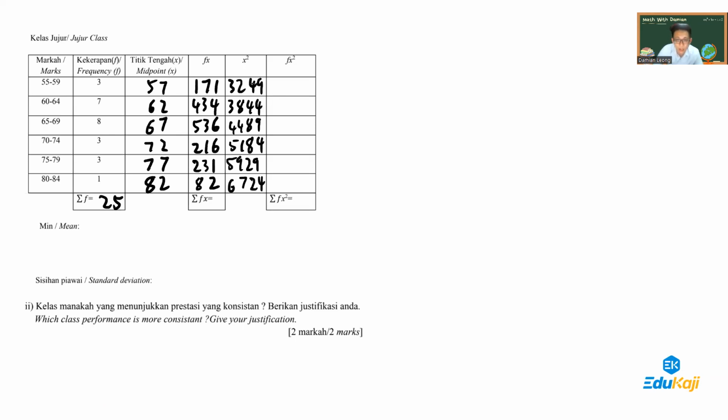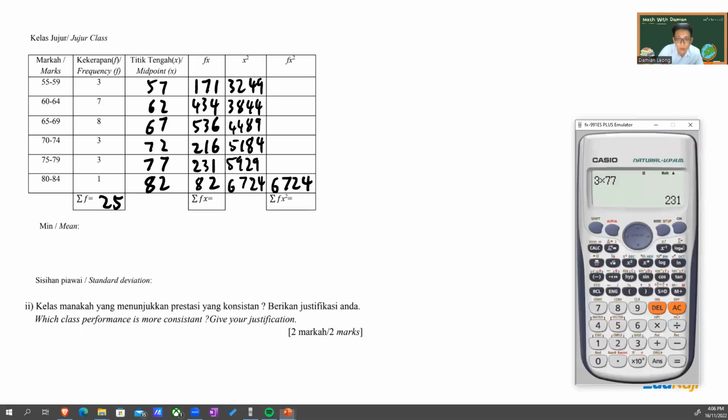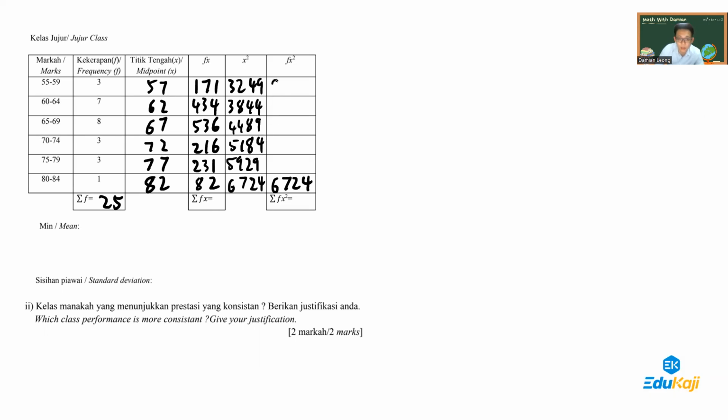Fx square, frequency times x square. This one remains the same because times 1. So 3 times 3249, 9747.